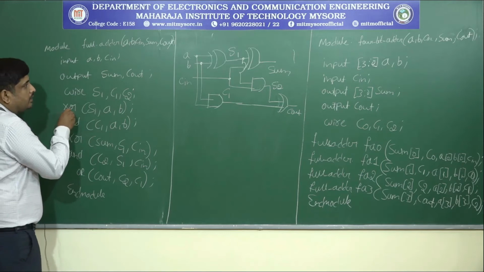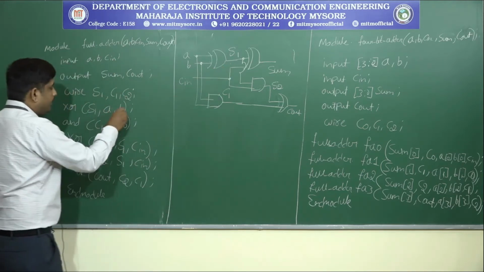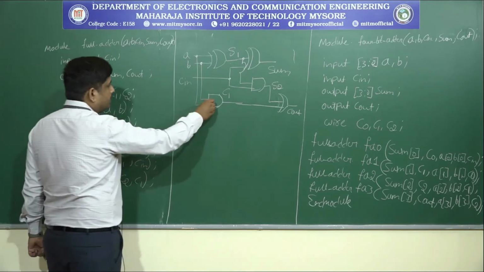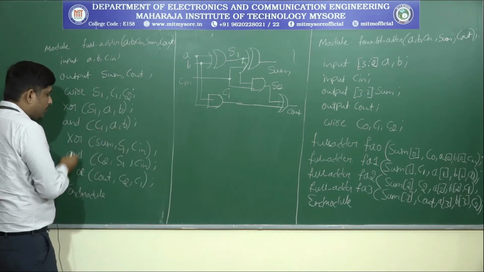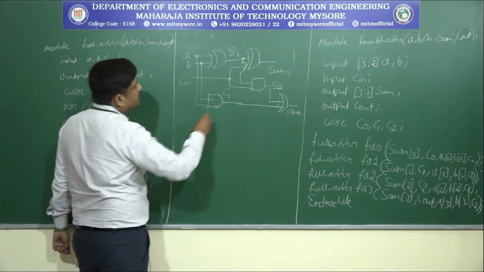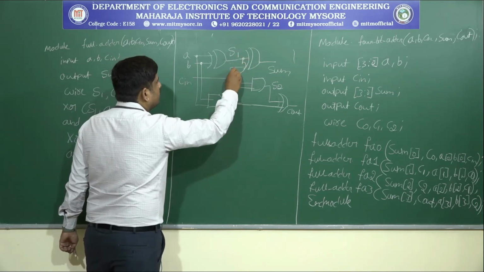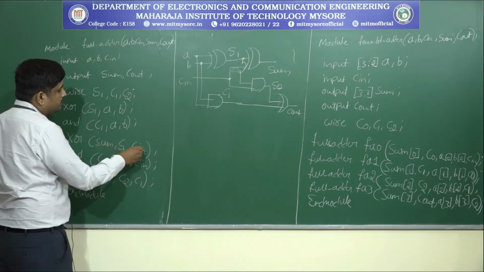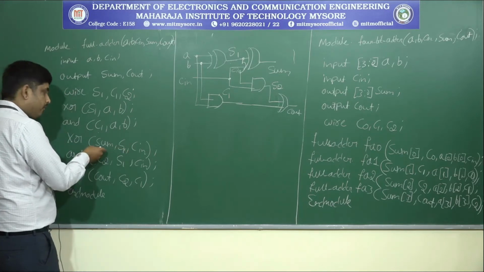So first XOR: XOR S1, A comma B. Then the AND gate, with A, B as the inputs and C1 as the output. Again an XOR gate, with S1 and one more input, that is Cin: XOR sum, Cin and S1, where sum is the final output.